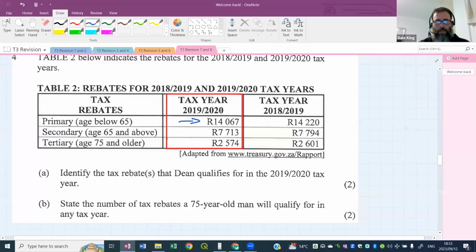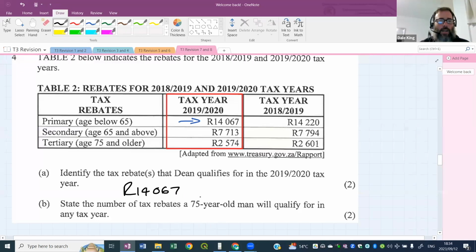This rebate is for people below 65. If Dean was above 65, he would also get that rebate, and if he was above 75, he would also get that rebate over there. So they keep adding on rebates depending on your age. But for Dean and for most of us, we just get the first rebate over there. So the rebate that Dean is going to get is the 14,067 rebate.